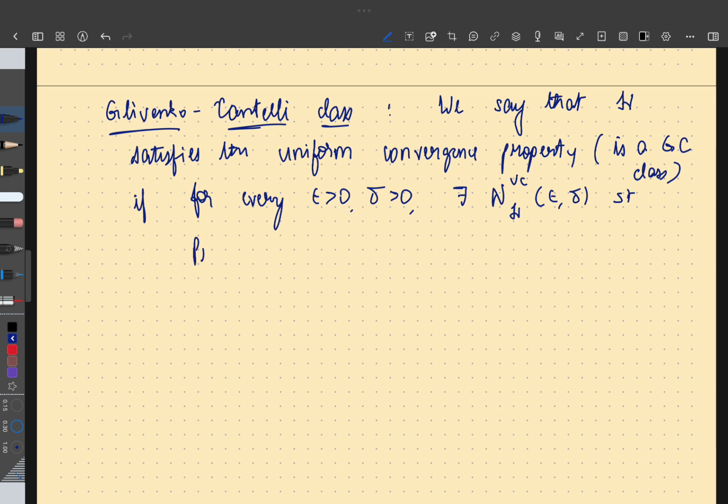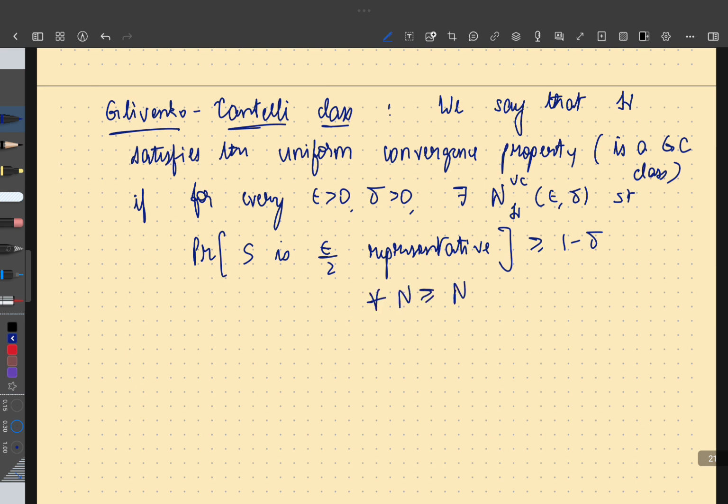Such that the probability that S is epsilon by 2 representative is at least 1 minus delta for all n greater than or equal to N_H^UC of epsilon delta.